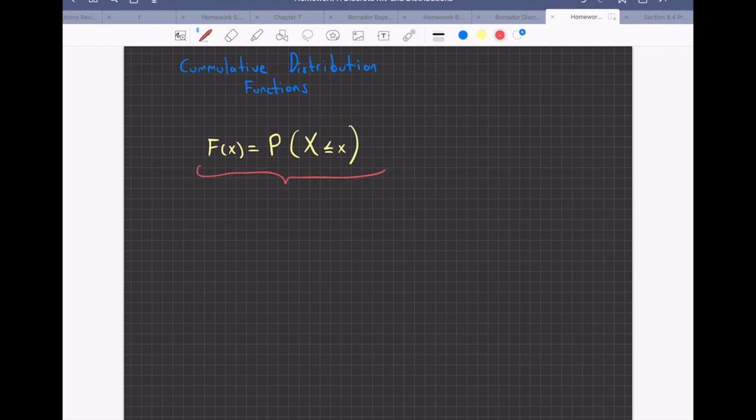This is the cumulative distribution function.